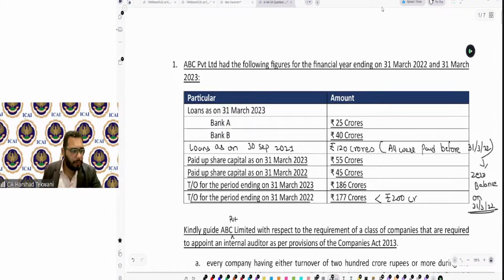Come on, guys. Do you think with the revised conditions it will be applicable or not?